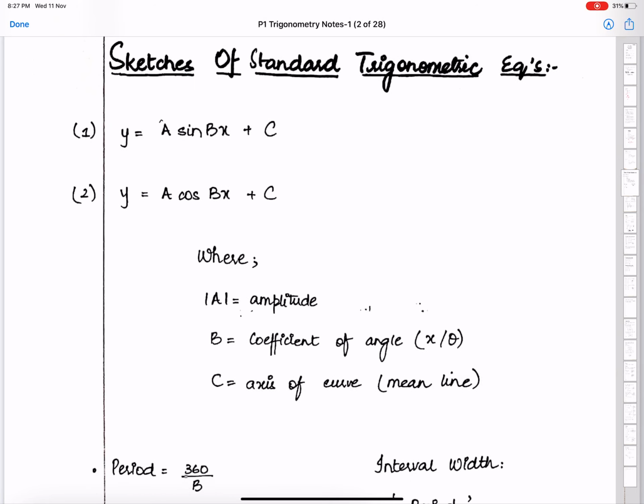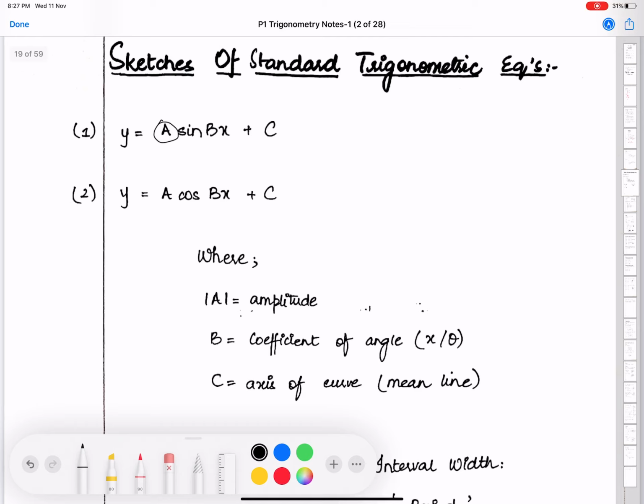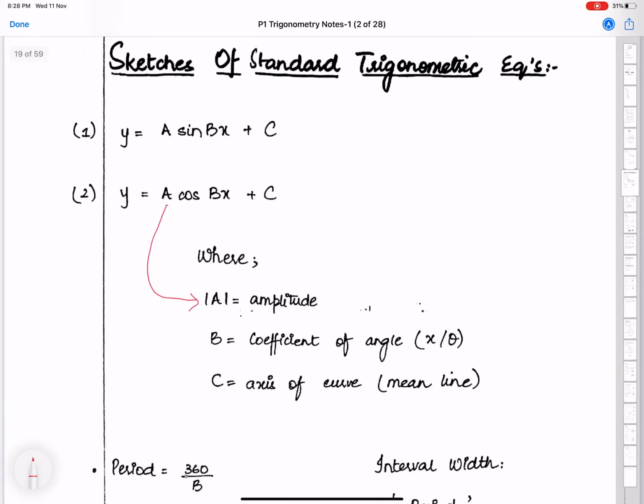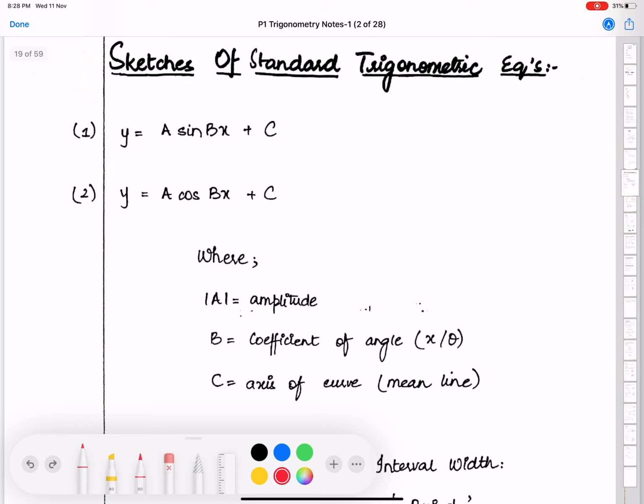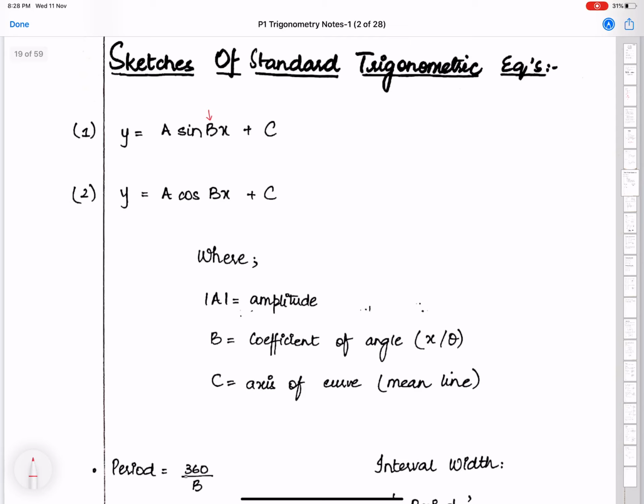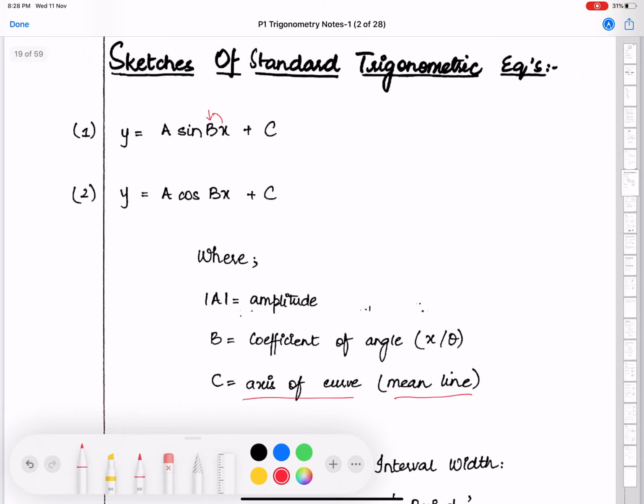Now this a, when a is in modulus, then this will be the amplitude of the curve. b is the coefficient of angle x, and c is the axis of the curve, that is the mean line. The curve will be made about this line.